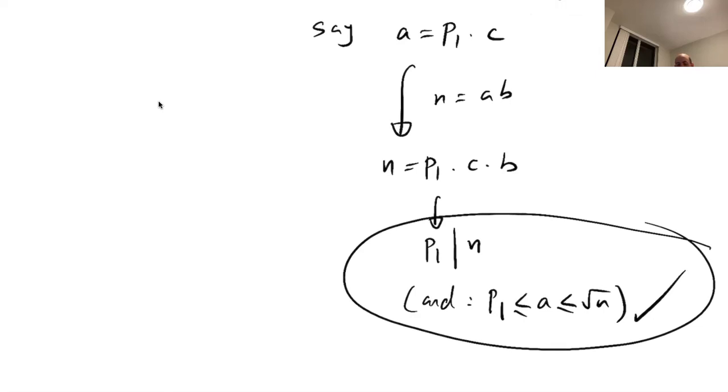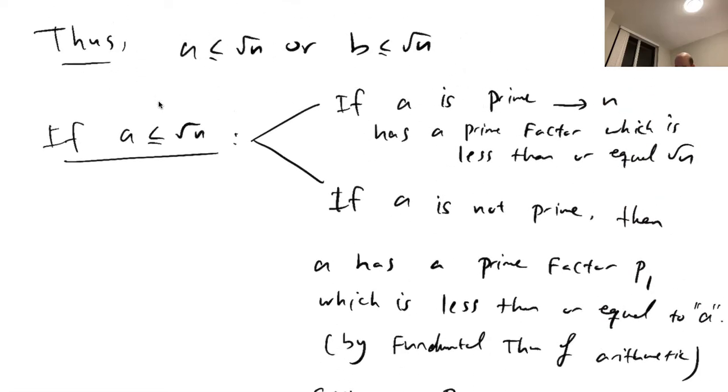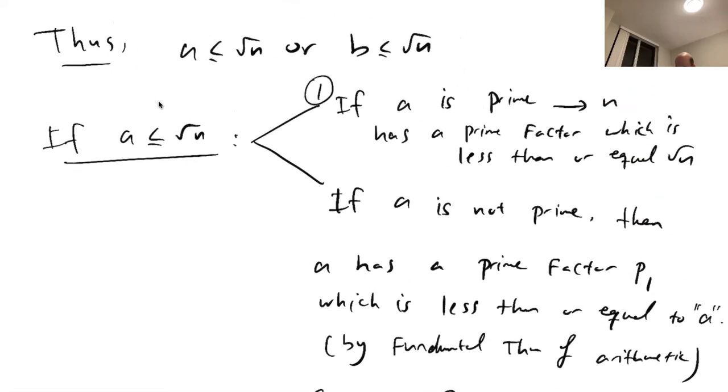I was looking for a prime factor for N which is less than or equal to root N. There you are. P1 is a prime factor for N which is less than or equal to root N. So I considered two cases here, case 1 and 2. In each of these two cases, I'm done. I showed that my number N has a prime factor which is less than or equal to root N.